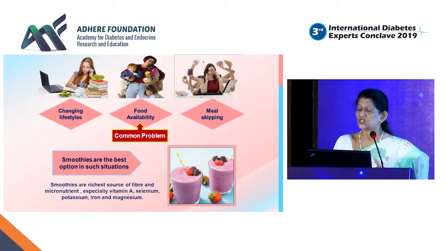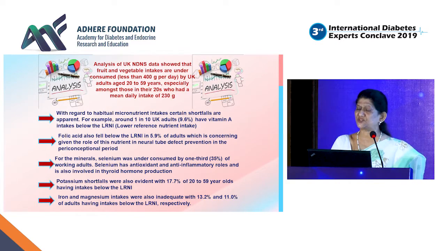The UK studies showed that fruit and vegetable intakes are under-consumed. The intake was low, below the lower reference nutrient intake, and therefore, to bridge the gap between the meals, these smoothies came in.